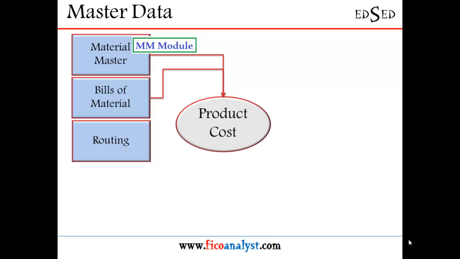And then the routing, the sequence of operations that are performed to transform raw materials into finished products. All these operations are embedded into routings. So the routing information is master data which is needed for product costing estimation as well as making the products.